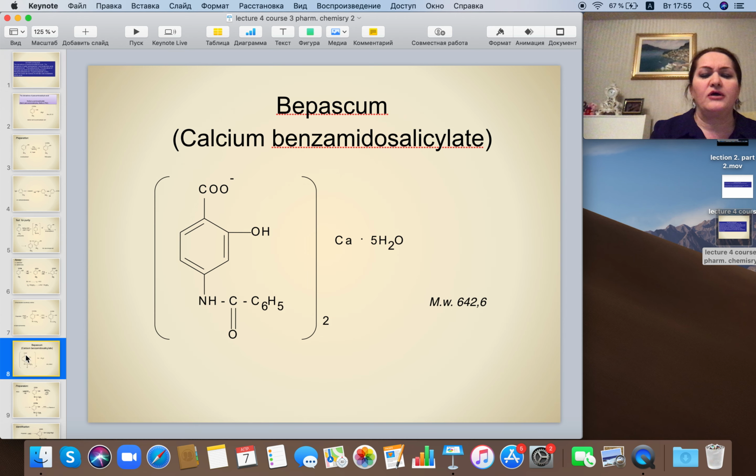The second preparation, bipascum or calcium benzamidosalicylate. You can see in the structure of this preparation there is calcium and there is a benzoyl radical. Therefore, this preparation is named calcium benzamidosalicylate or bipascum.